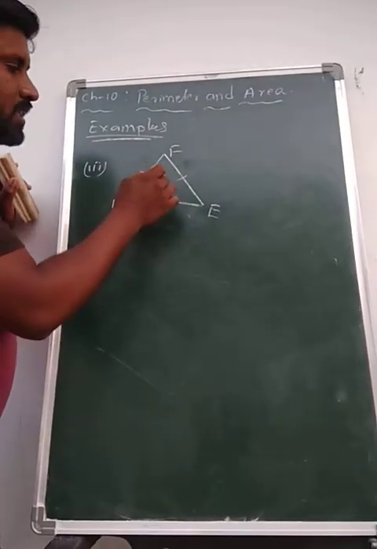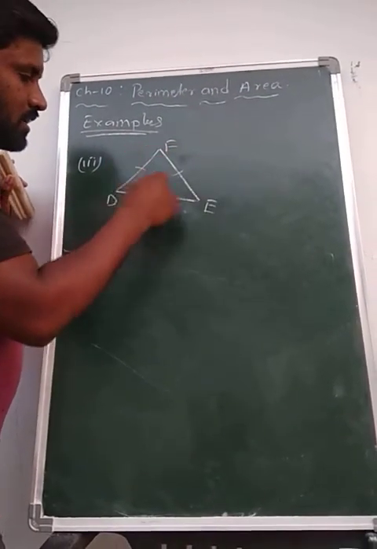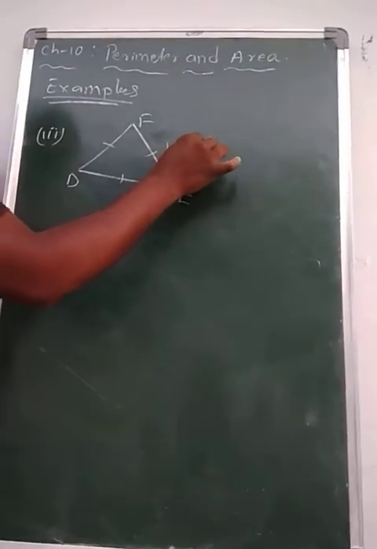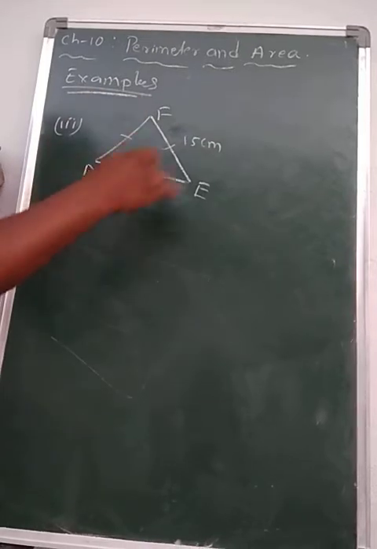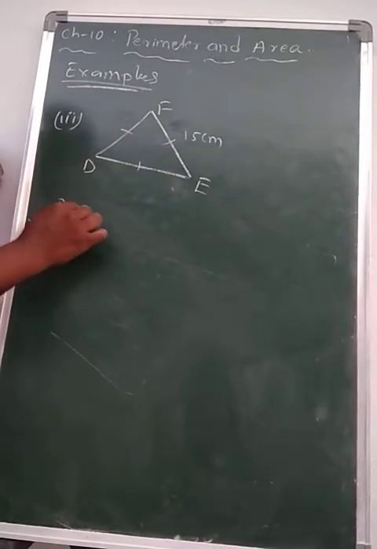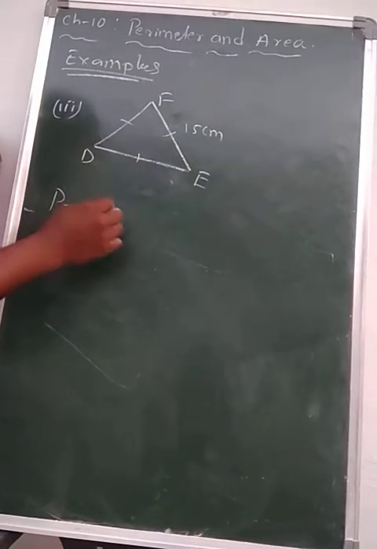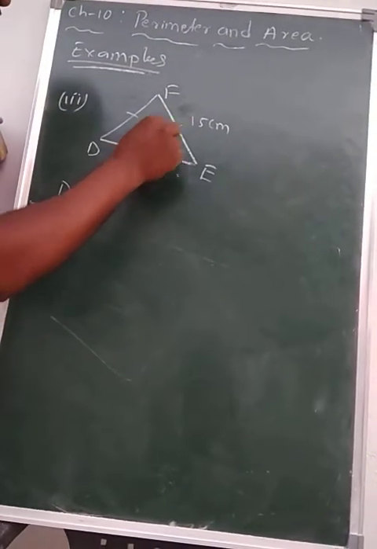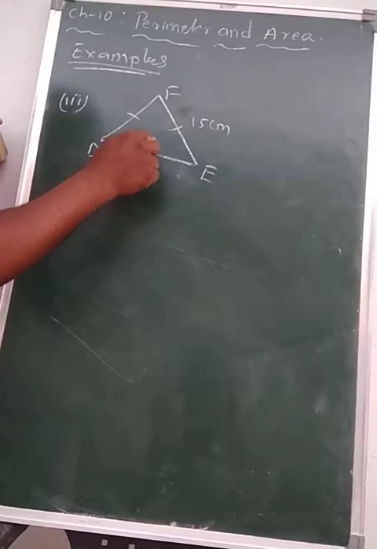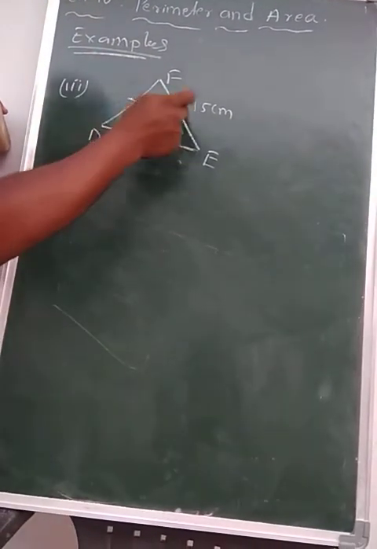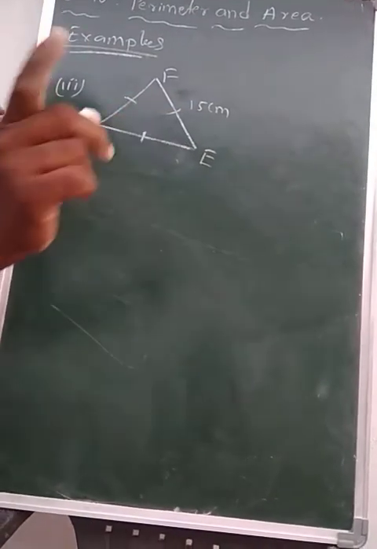The length of one of the sides of the equilateral triangle is given here as 15 centimeter. Then what is its perimeter? Perimeter P, the perimeter of an equilateral triangle. If there are 3 single lines, 1 dash, 1 dash, 1 dash, you can understand it as an equilateral triangle. The sides are equal, each angle measures 60 degrees.